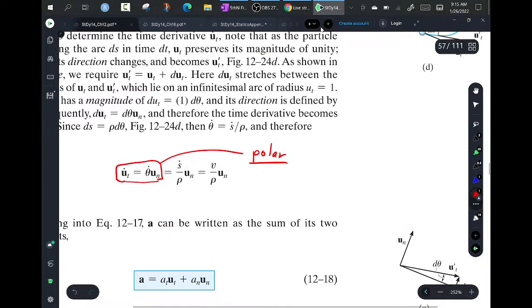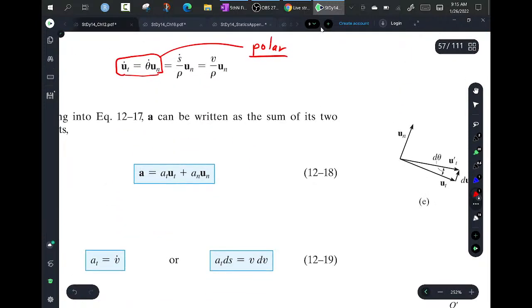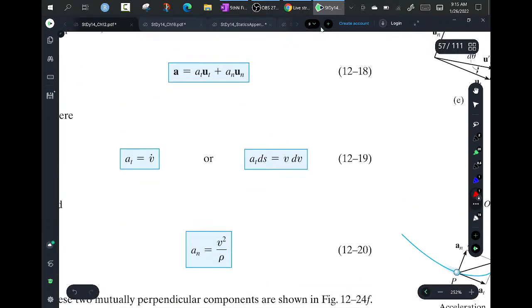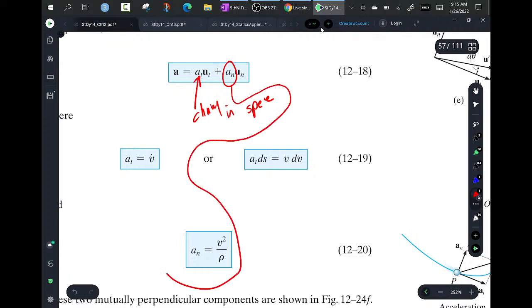And what you find out is, let's see, he doesn't list it yet. Oh, he does. It's right here. So you've got this, which is the change in the speed, and then this, which is the term you've seen before. So if the dude's in a car and he's just going in circles around and around and around, then his R or his rho doesn't change, it remains fixed.